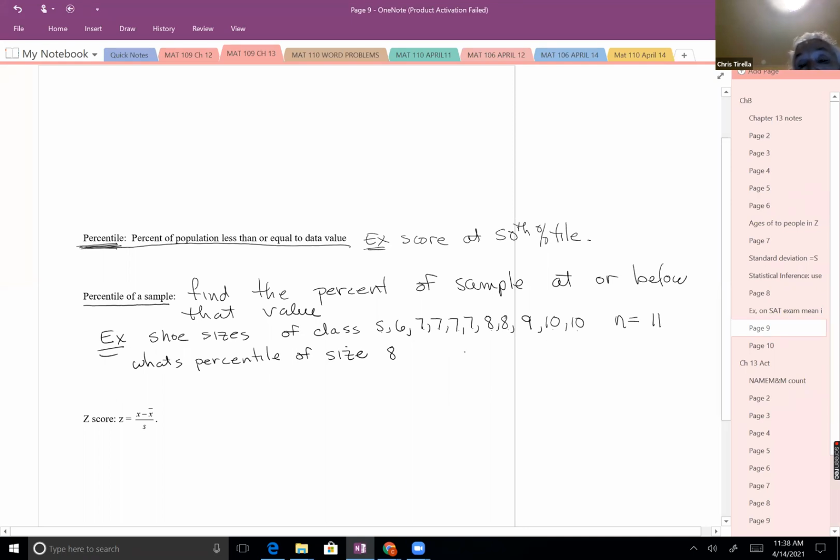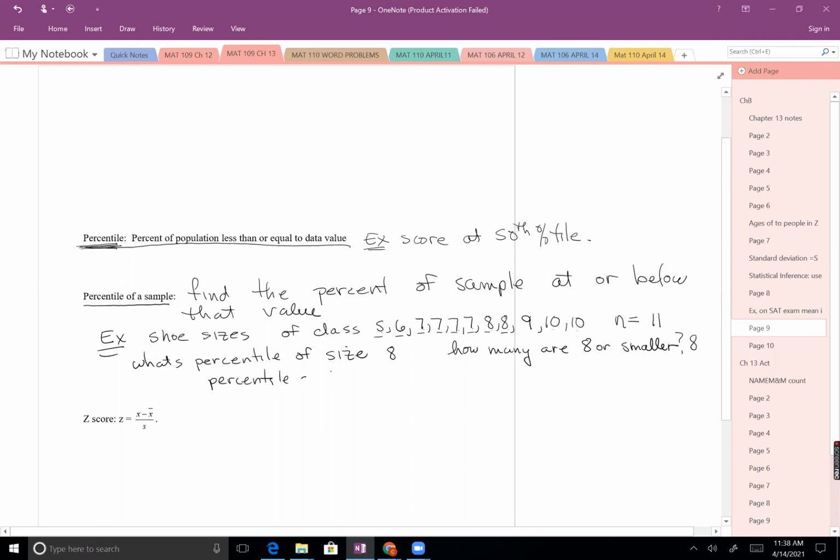If I ask how many are 8 or smaller, that's 1, 2, 3, 4, 5, 6, 7, 8. And so the percentile for 8 is we had 8 people out of 11.